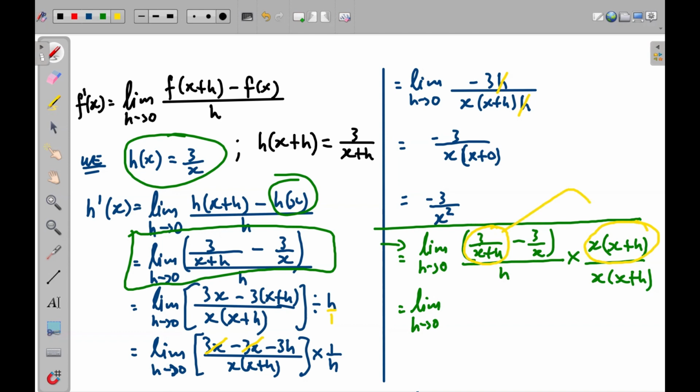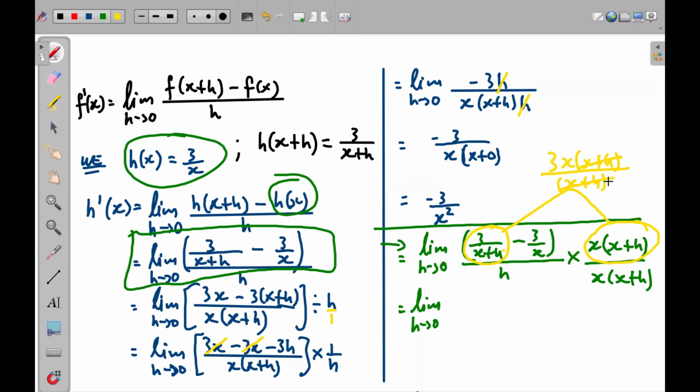And when that happens, I just want to show you with this one what exactly happens when we multiply these two. I end up with a 3 times x into x plus h all over, watch this, x plus h, this x plus h here. So what really happens is that this x plus h is going to divide that x plus h.